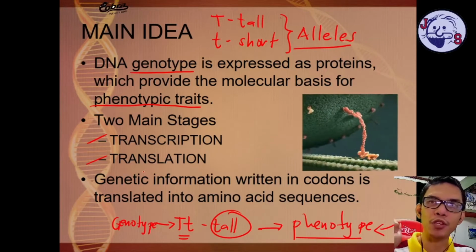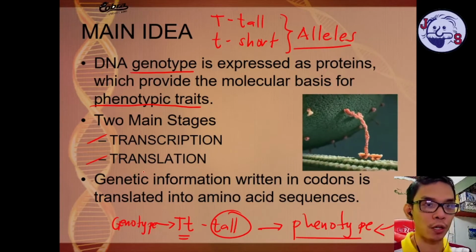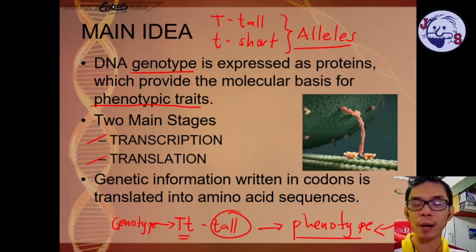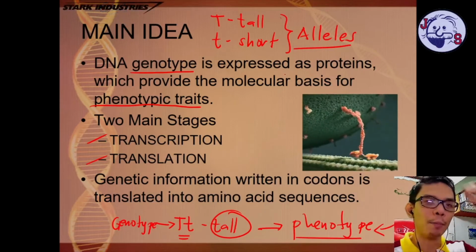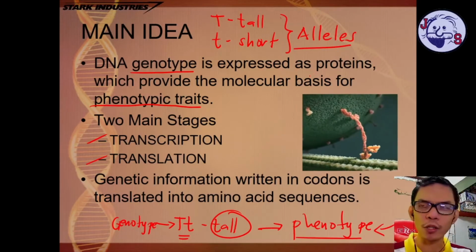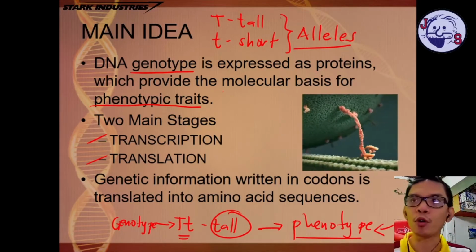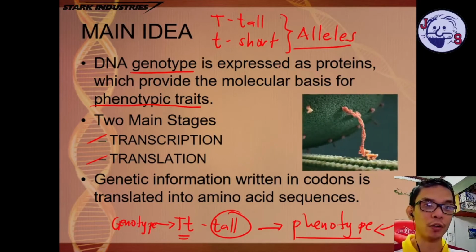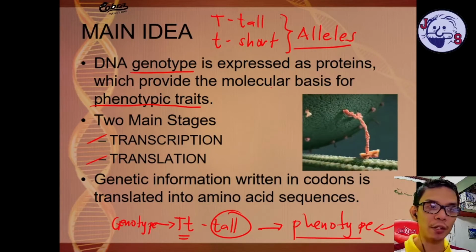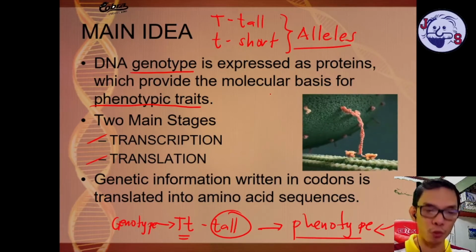And the next one, genetic information is written in codons. So if you forgot what codons are, codons are segments of the DNA that are composed of 3 letters, and these 3 letters correspond to the amino acid sequence that they will produce.